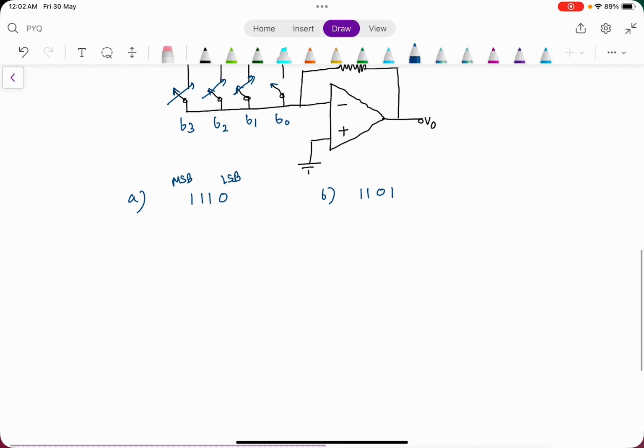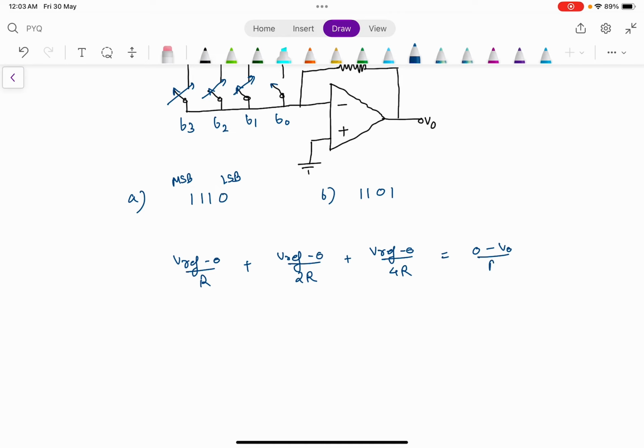Writing the KVL equation: (Vref minus 0) divided by R, plus (Vref minus 0) divided by 2R, plus (Vref minus 0) divided by 4R, equals (0 minus V0) divided by R. Here this is an op-amp, we use the virtual short concept, so this point comes out to be 0 volt.